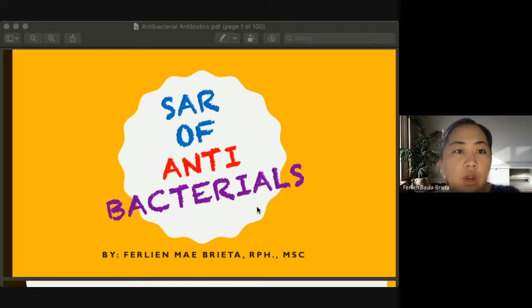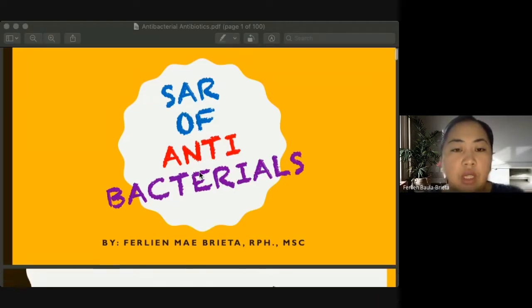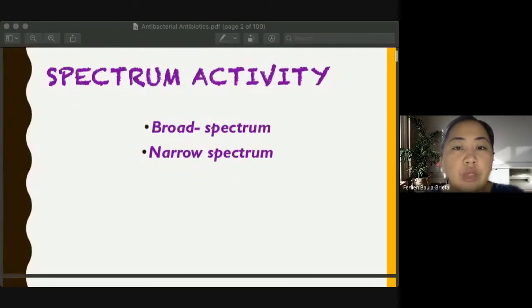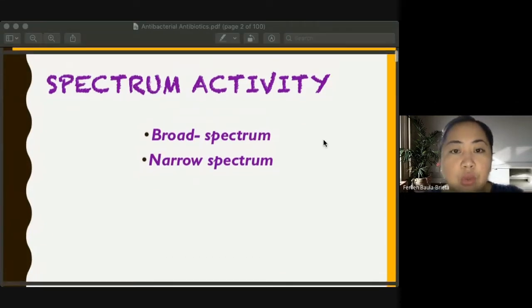So let's begin. We are going to discuss the SAR of antibacterials, or the structure-activity relationship of antibacterials. First and foremost, antibacterials are categorized into different types. One way to categorize them is according to spectrum of activity.